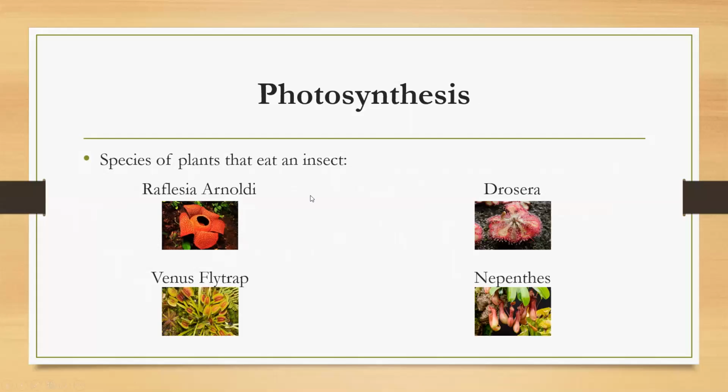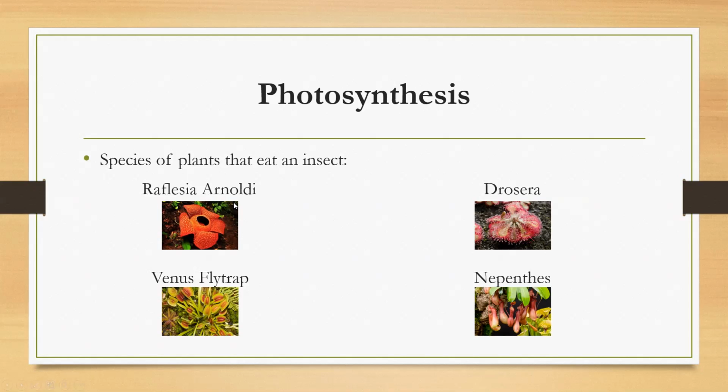Before I say that, plants have different methods to take food, but not all plants have the same method, like photosynthesis, because there are also plants that eat insects, like, for the first, Rafflesia arnoldi.